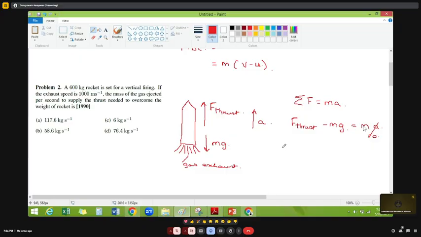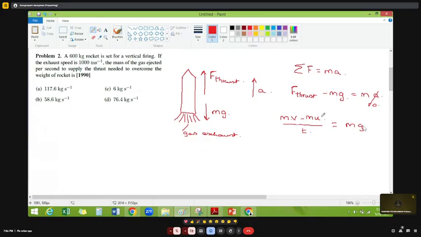F thrust is nothing but mass into velocity minus mass into initial velocity, divided by the time taken, and minus mg goes on the other side, so it will be mg. The rocket is initially not moving, it's just set for a vertical firing, which means initial velocity is 0.